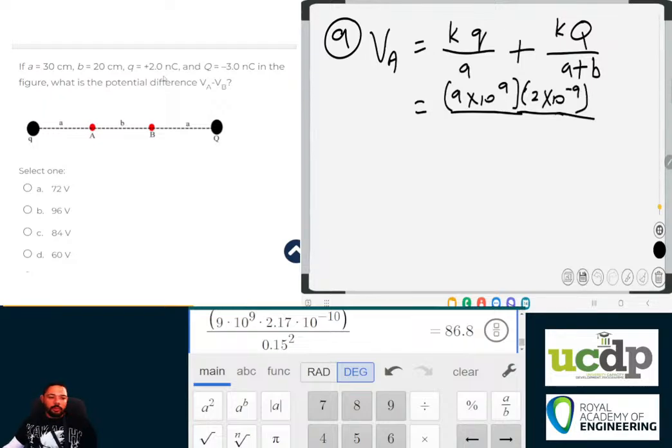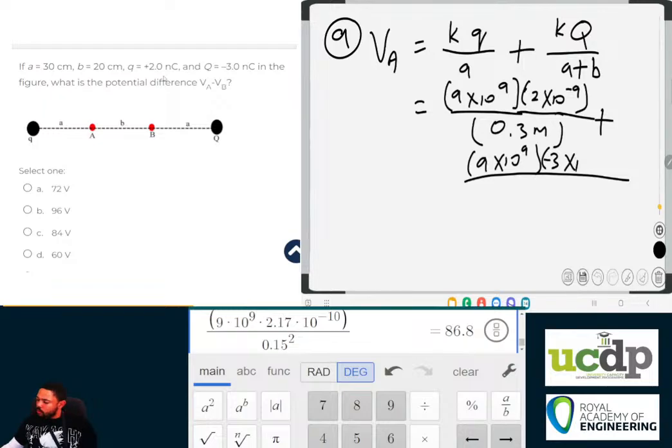The distance A is 30 centimeters, so 0.3 meters, plus same thing for the big charge, 9 times 10 to the 9, big Q, which has a charge of negative 3 nanocoulomb. And it is a distance of A plus B, which is 20 plus 30, which is 50 centimeters or 0.5 meters away. And thus, if you were to work it out, it is 6 volts.